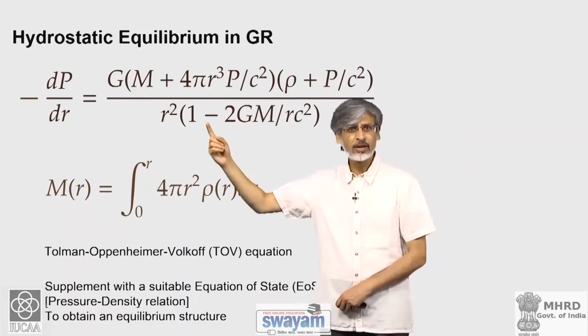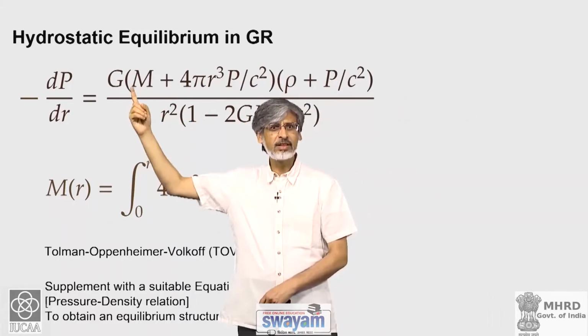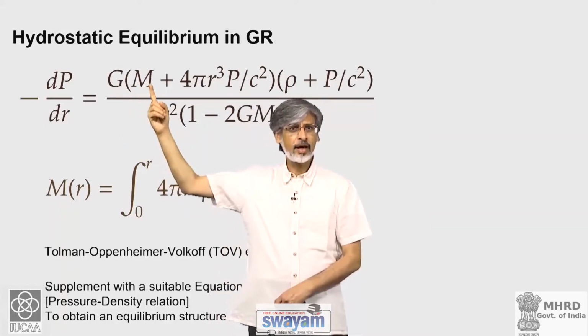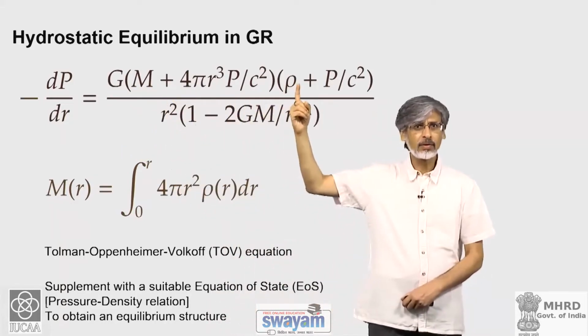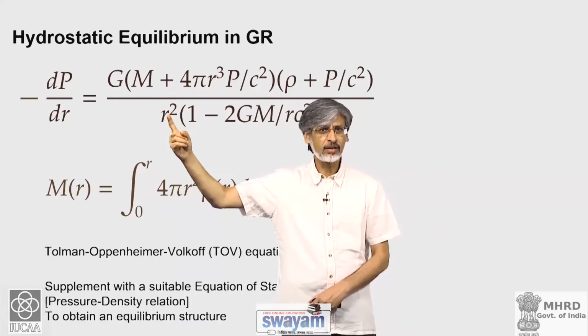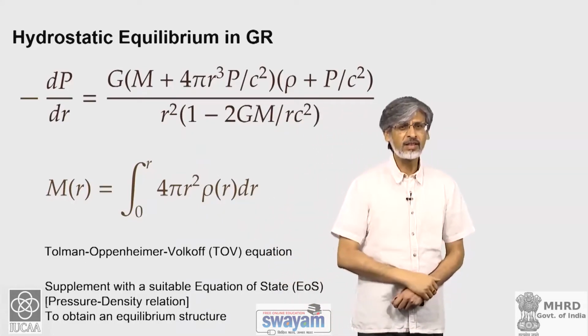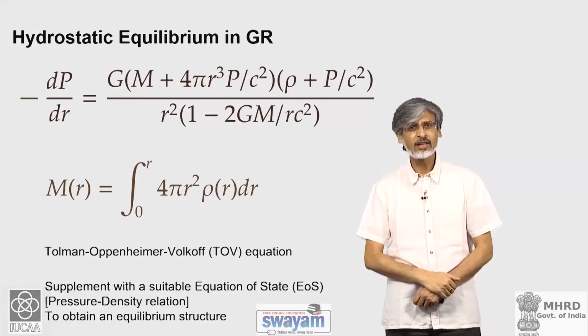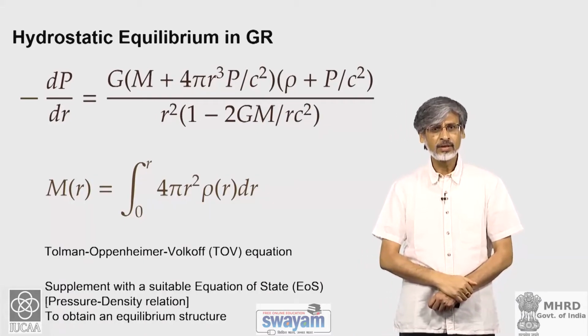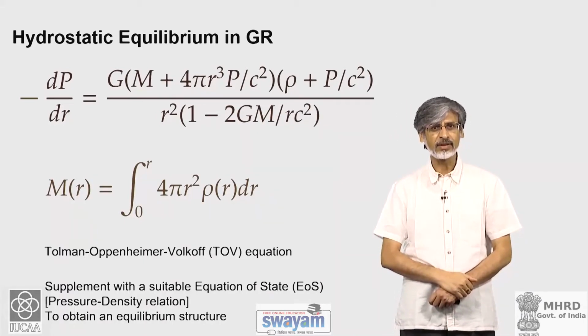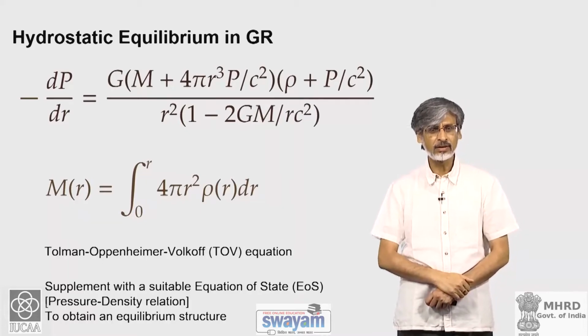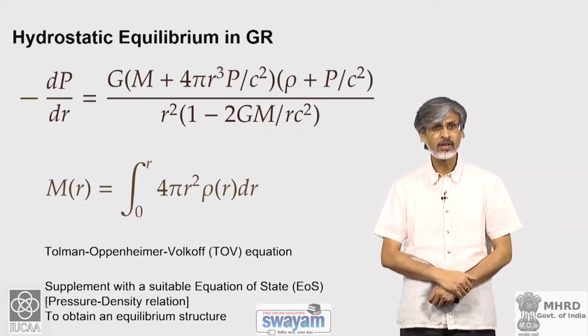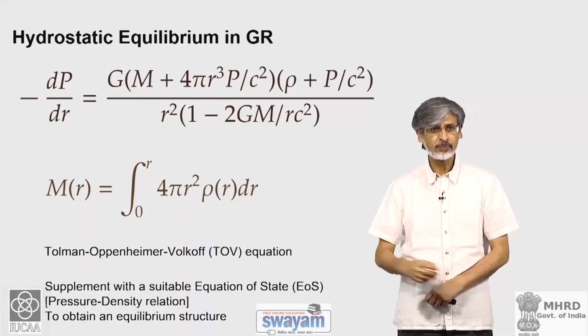In case of the Newtonian approximation, we just had G and M, then rho and the r square. So, with this correction, of course, the balance equation changes and you would have the mass radius relation slightly different from what the Newtonian approximation to the hydrostatic equilibrium gives.